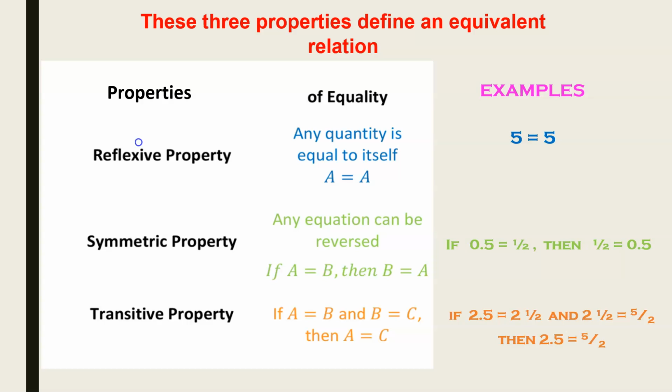We have a decimal, we have the mixed fraction. Then from another side, 2 and 1 half can be presented as an improper fraction, 5 over 2. We have in the middle 2 and 1 half, 2 and 1 half. If we remove the middle part, we will see that 2.5 equals 5 over 2.